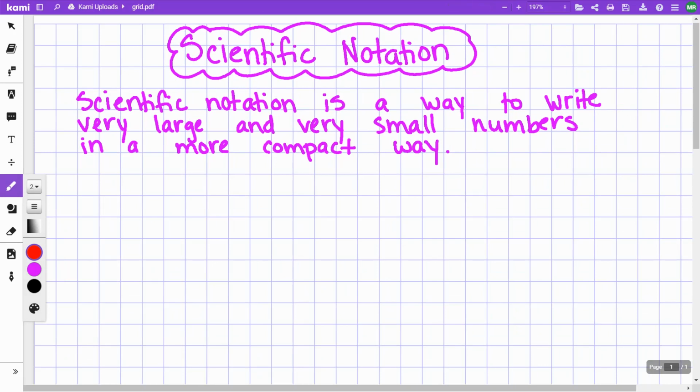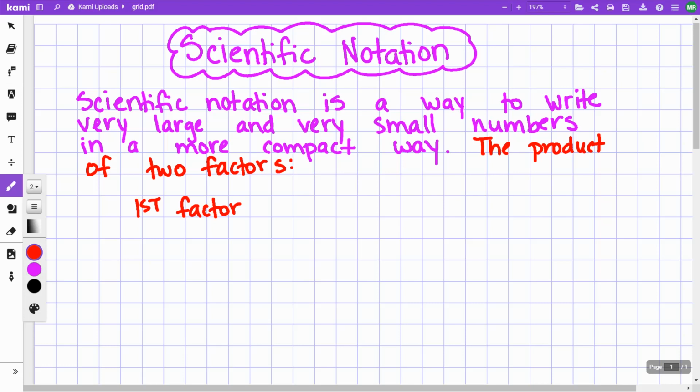So this is going to end up being the product of two factors. And the two factors are going to be the following. First factor is a number between 1 and 10, not including 10.